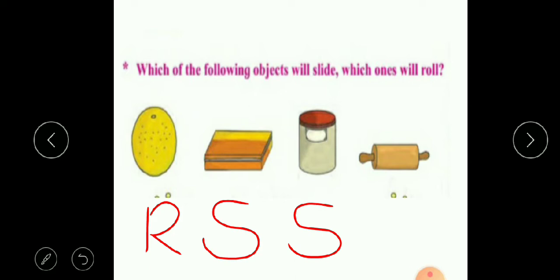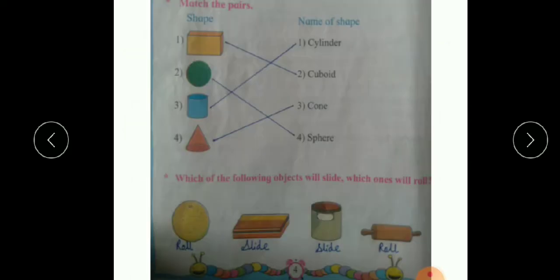So, it is round in shape. So, this will roll. I am writing R here. So, R means rolling and S means sliding. Children, in this way, you have to complete all these, match the pair and the second question in your textbook itself.